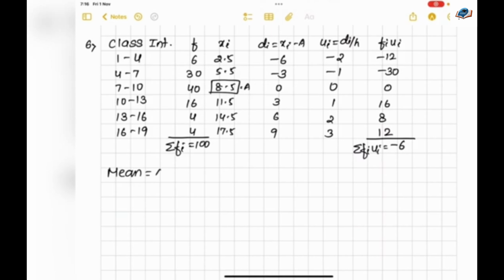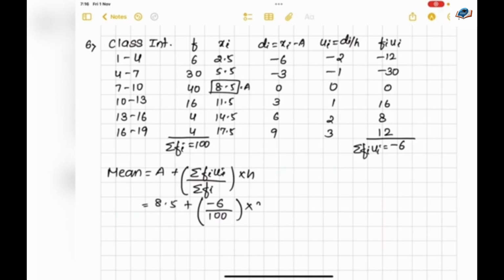So mean equals A plus sigma fiui upon sigma fi into h. That is equal to 8.5 plus minus 6 upon 100 into 3.